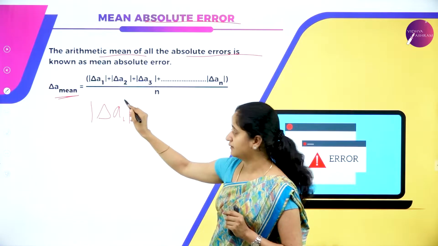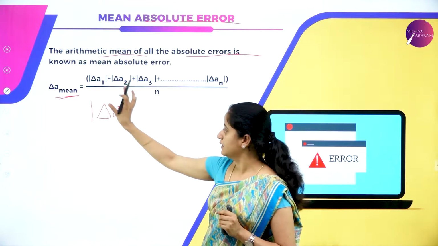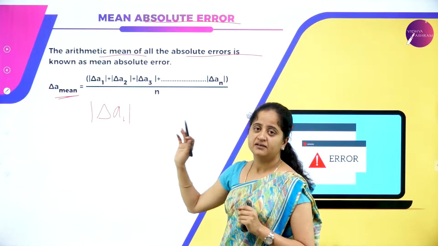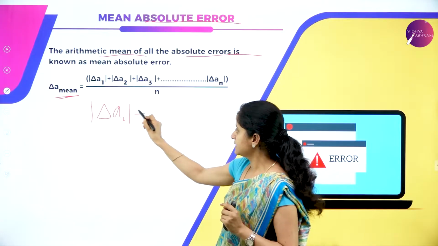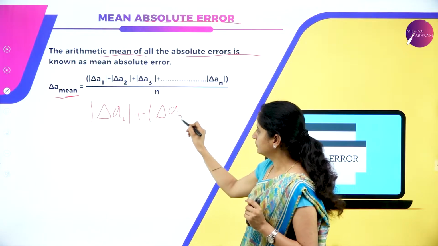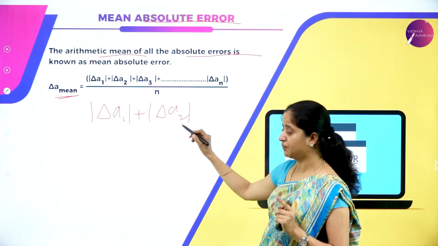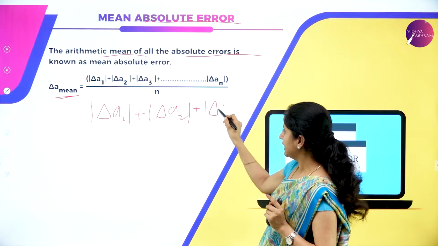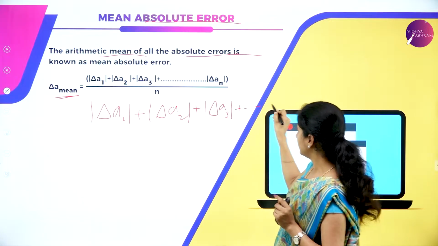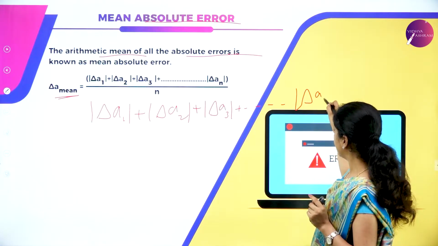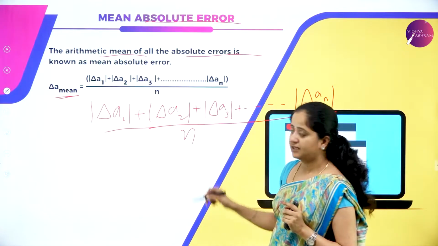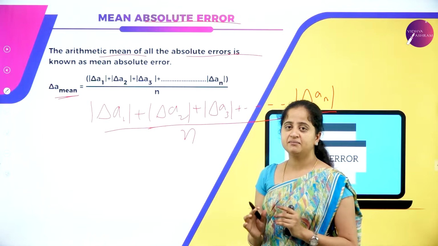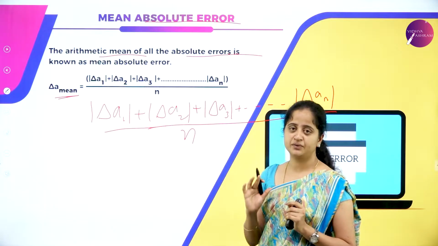We have to write the absolute error within the modulus, so that we are considering just the magnitude: modulus of delta A1, plus modulus of delta A2, that is the absolute error of the second quantity, plus delta A3, and so on for n values, all divided by n, gives us the arithmetic mean of all the absolute errors.